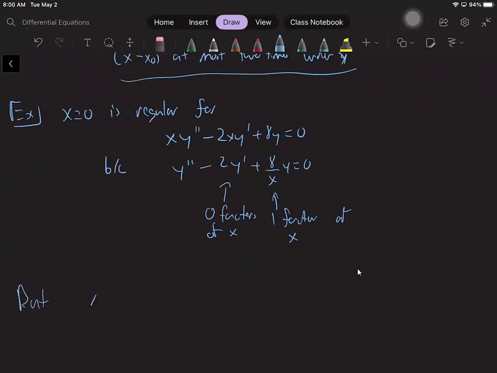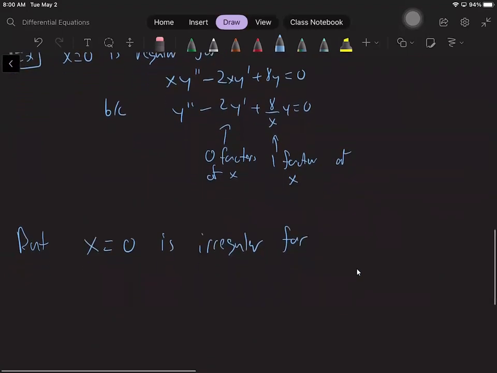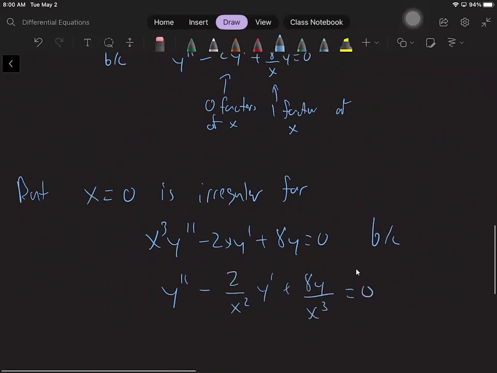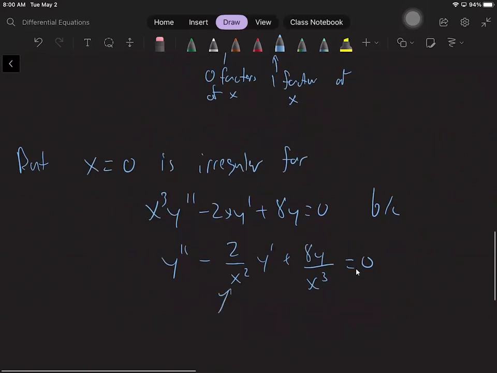But if I have more powers, x equals 0 is irregular for something like this, because when I write it in the other form, by dividing by x cubed, now I get too many powers of x.